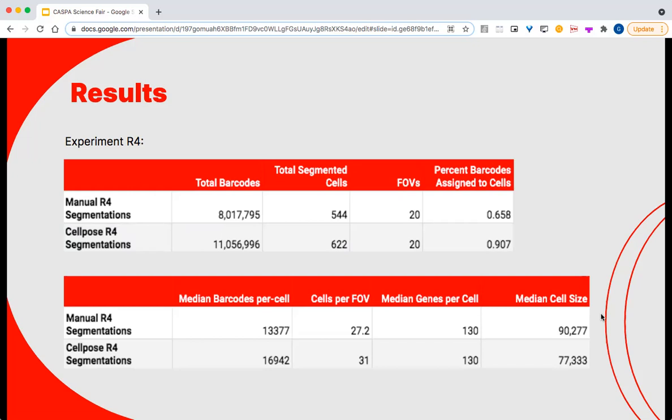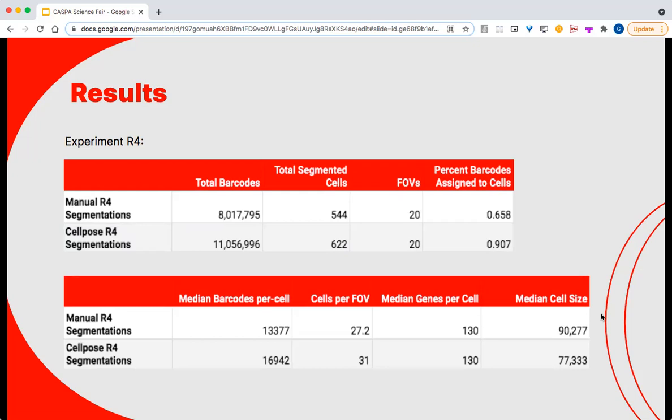With CellPost, the algorithm computes the nucleus of the cell and then uses a series of mathematical calculations to determine the cell's boundary. But with manual segmentation, the human eye just looks for, for example, sections of the lit up barcodes to group together. And that is much less consistent than a series of mathematical calculations.